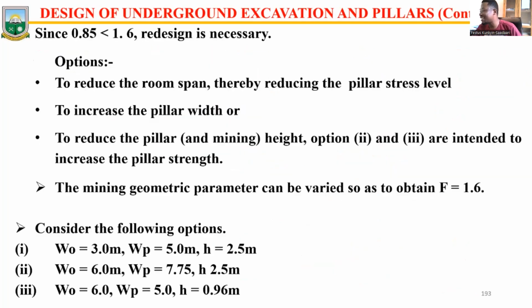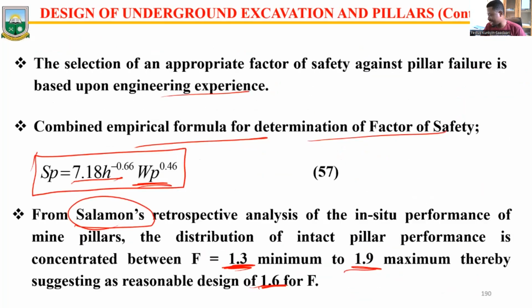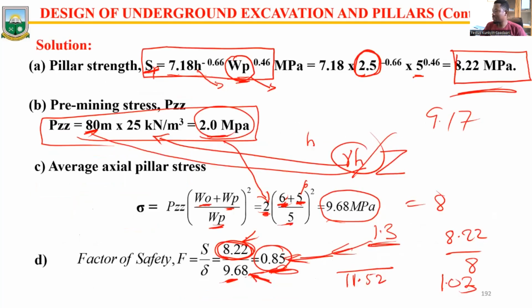So it says that since we have this less than 1.6, redesign is necessary, because it stated here that for a reasonable design, if you want to get the best stability possible, your factor of safety should always be in the middle, which is 1.6.